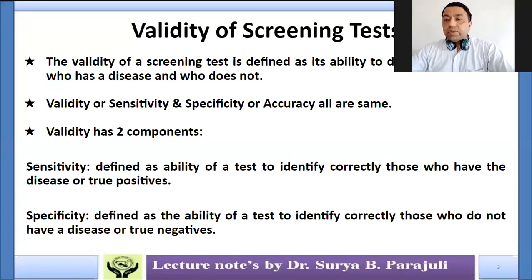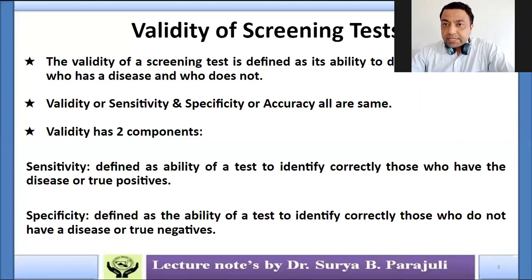While applying any test, either a screening test or a diagnostic test, we have some quality controls and certain parameters of the test. For that, we need to know what validity and reliability are. Reliability is also called repeatability. But the main focus today is validity.